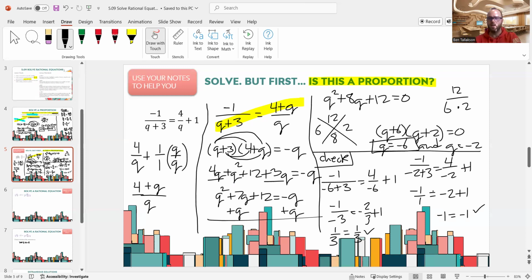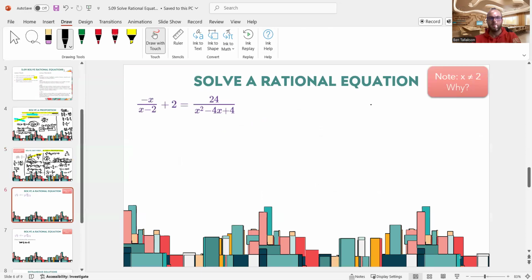It works again. Wow, lots of good, valid solutions today. There it is. All right. We've practiced a problem just like this, or at least very similar, so now's a good time to practice for yourself.